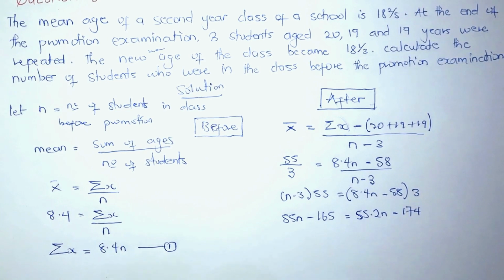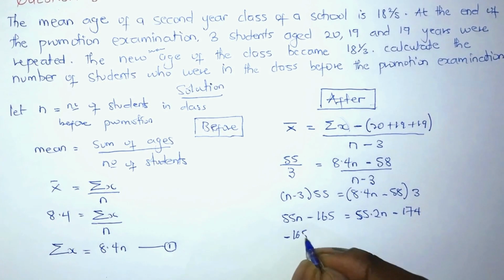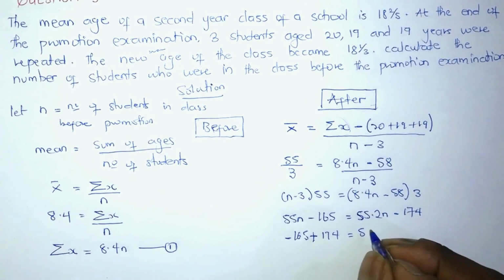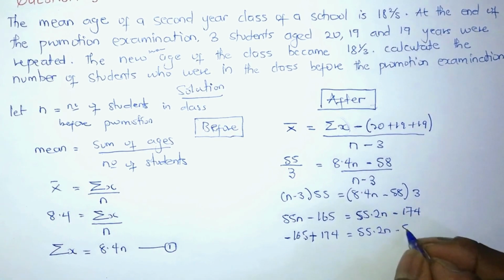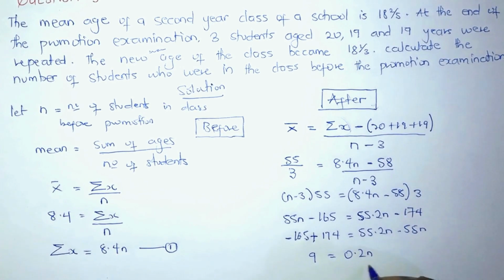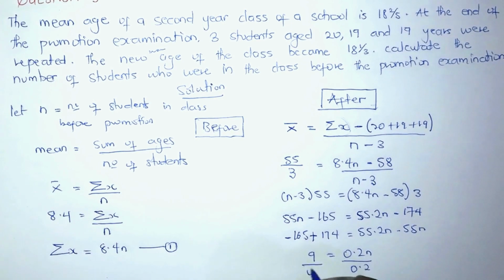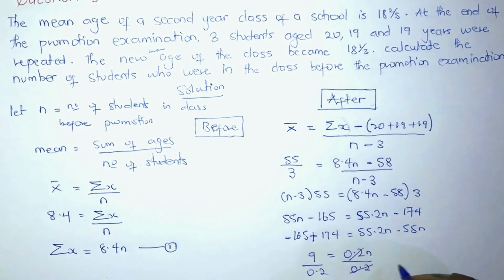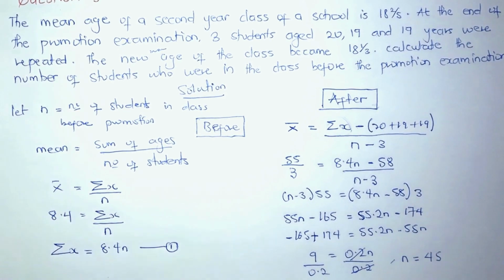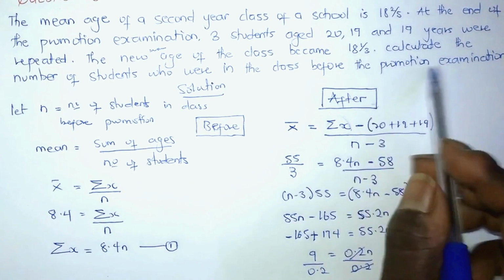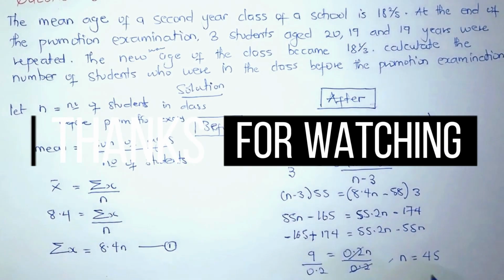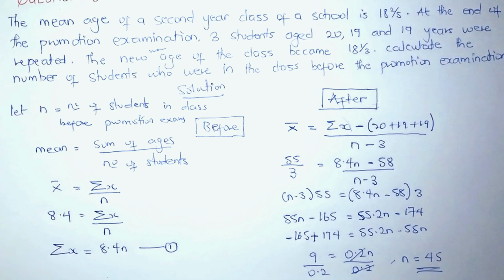I'm going to get negative 165 plus 174 is equal to 55.2n minus 55n. So 9 is equal to 0.2n, divided by 0.2 on both sides. Now 9 divided by 0.2 is 45. So therefore, the number of students in the class before the promotion exams is 54. And this answers question 5.